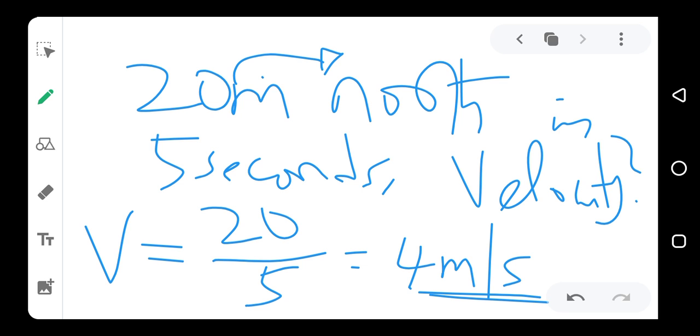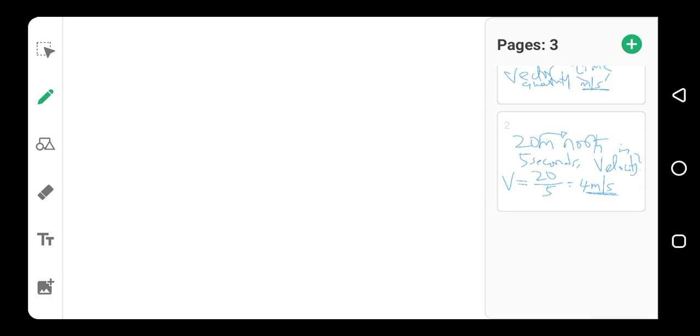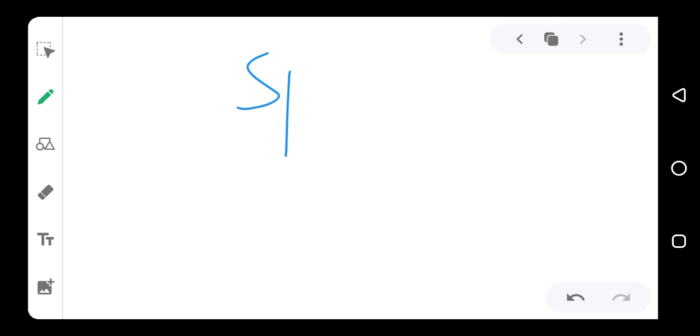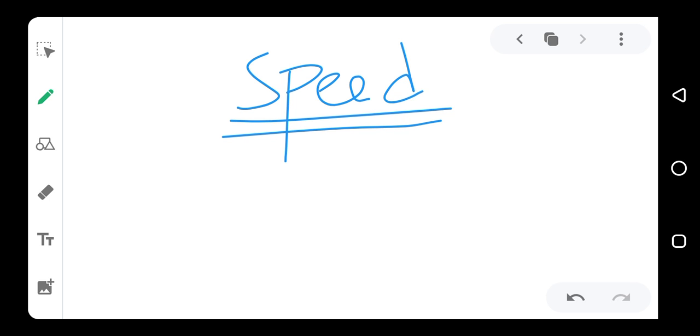Now let's look at speed. Speed, on the other hand, is distance covered in a given time.